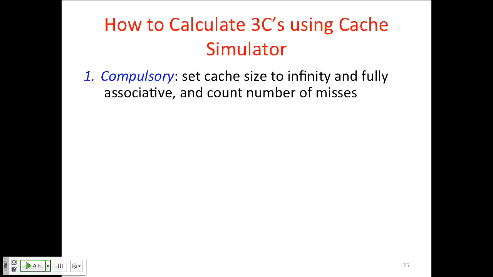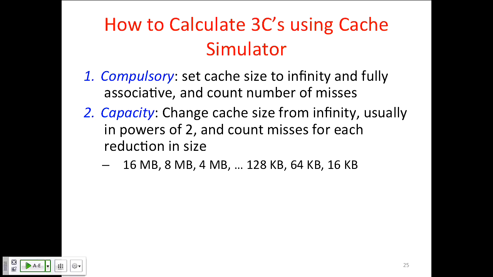So it's the best cache you can have, so it never misses, it never kicks anything out, and everything can live there at the same time, and just see how many misses you get, right? So that'll tell you the compulsory misses. Infinite size cache, fully associative, impossible to build, but easy to simulate, right? So just model that, and that'll count those misses. That's the compulsory misses in your program, okay?